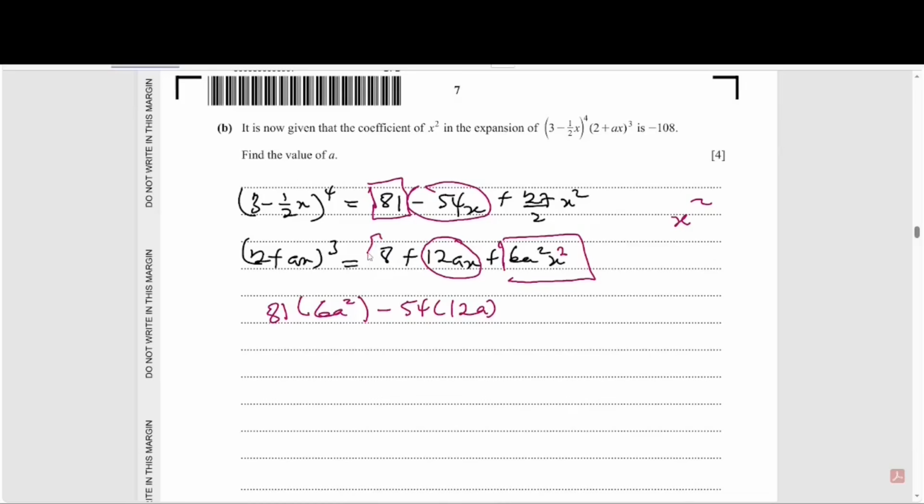Then finally, the first term of the last expansion, 8 here, times 27 over 2 will also give us an x squared term. So the last one is plus 8 times 27 over 2. And when we expand this, the question says we have to get negative 108.